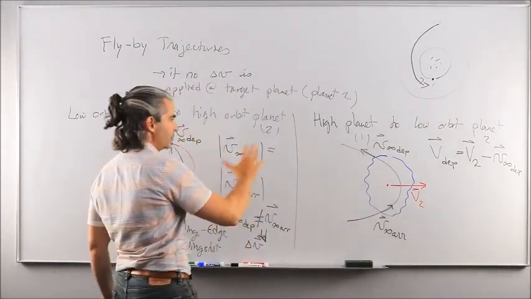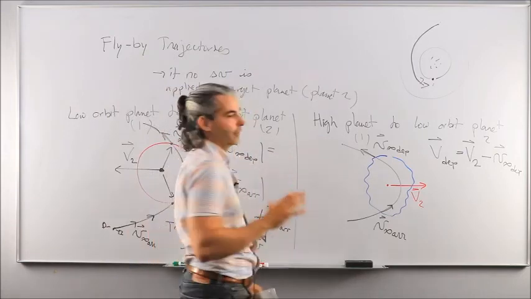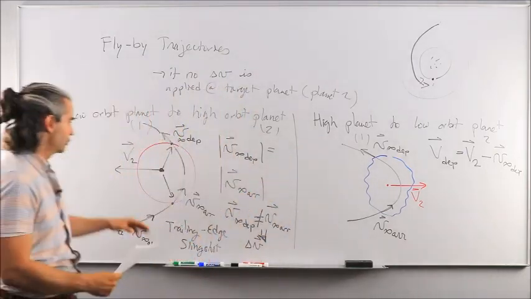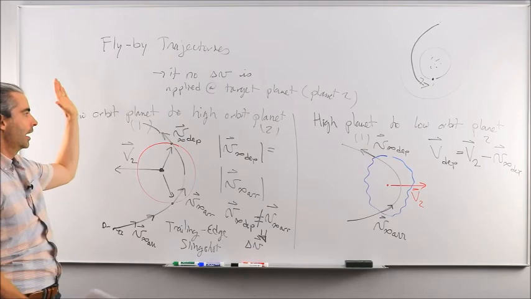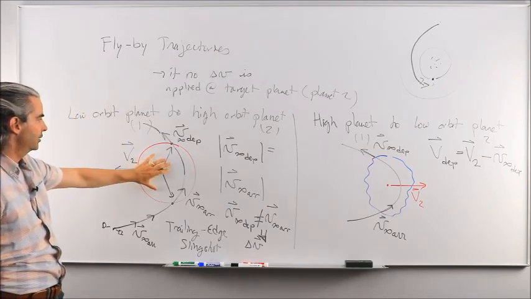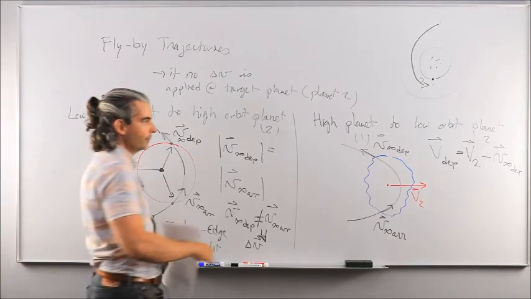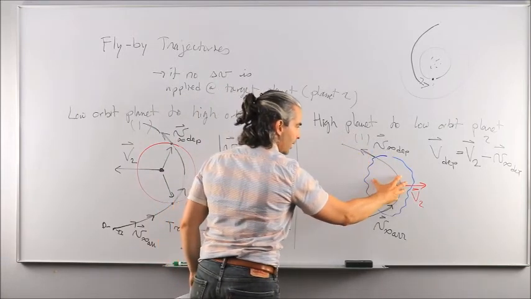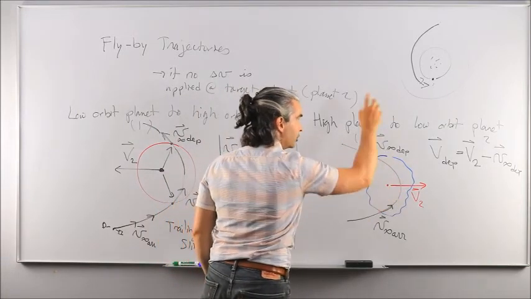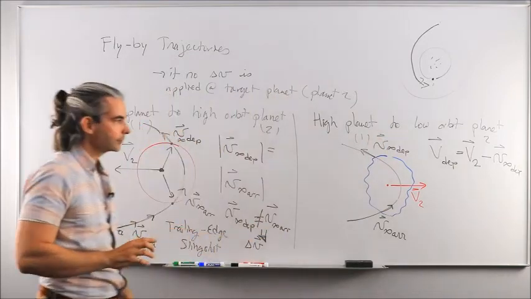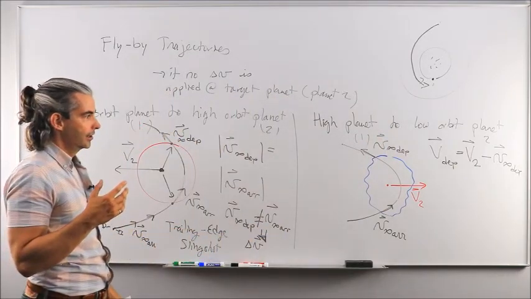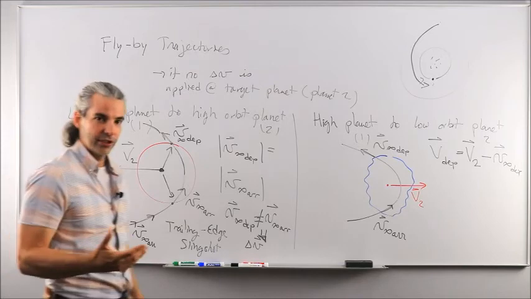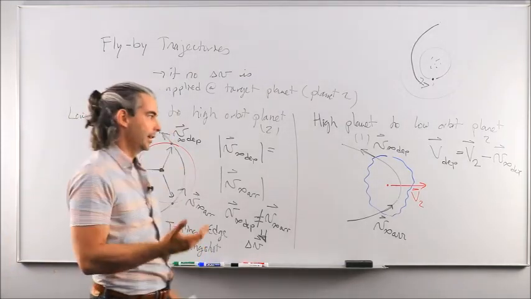So those are two benefits of doing flyby trajectories, either to boost yourself into a higher energy orbit than the planet you are targeting, or braking yourself and kicking yourself into a lower energy orbit than the planet you are targeting. And all this is coming with no propulsive maneuvers involved, only using the energy of the planet.